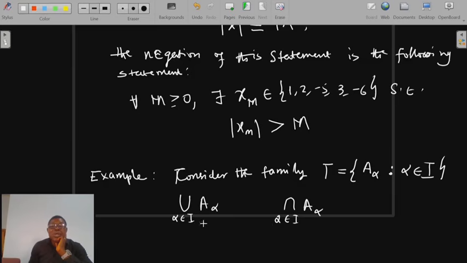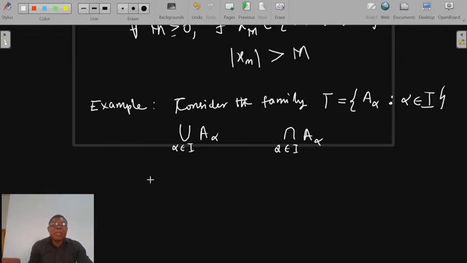The union is nothing but considering all the A alphas and putting together everything that belongs to each of them. The intersection is nothing but bringing together only those values the A alphas have in common. This we know.